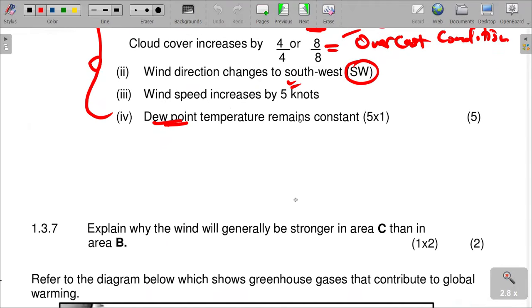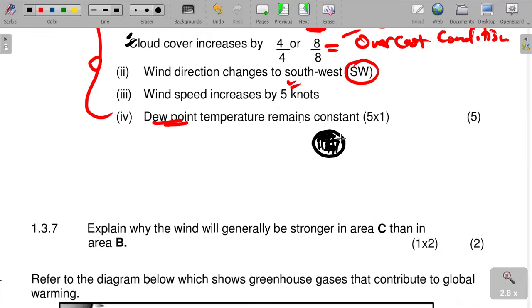So in other words, let's start with the cloud cover. We always start with the cloud cover. Our cloud cover is saying that it is overcast, meaning that it is totally covered.